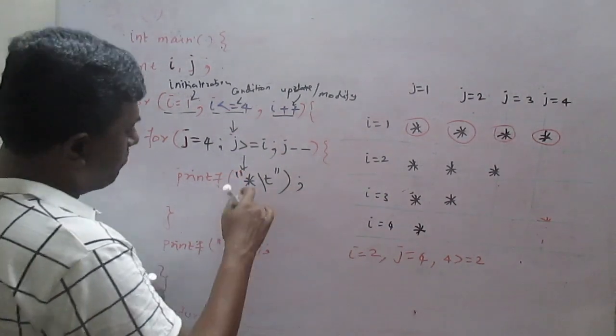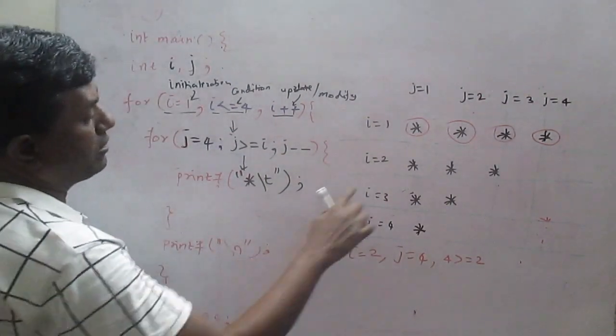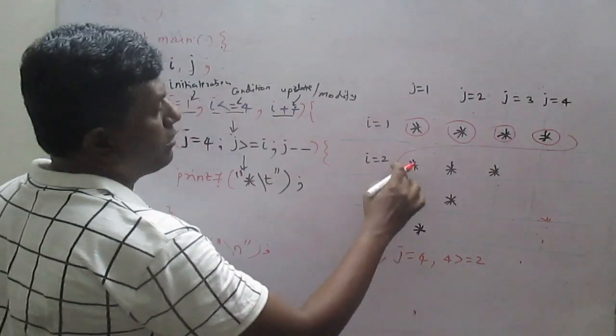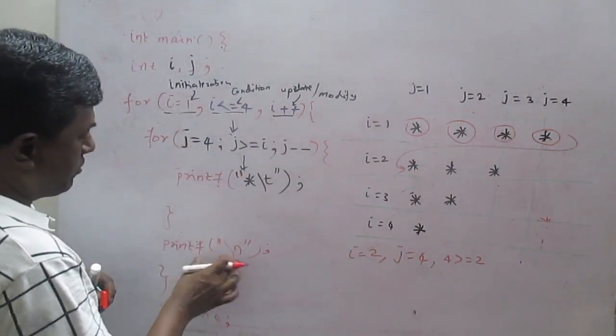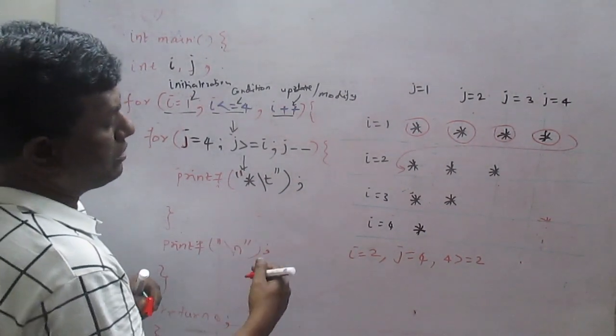Before that, because of the newline character, we have come from the first row to this one. We saw that in our previous class itself.